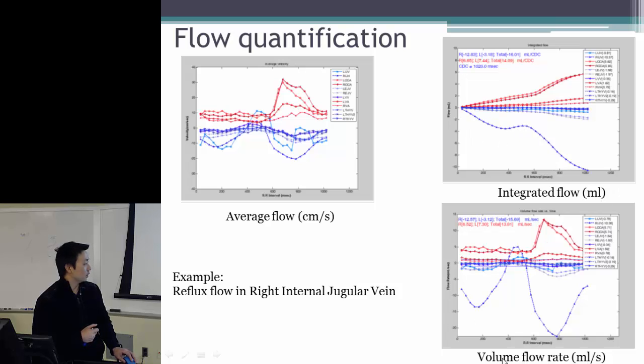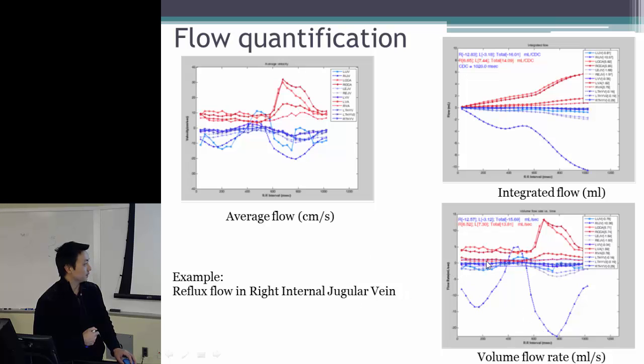And this is the volume flow rate. That means at any given time, how fast the blood flow is going through the cross-section profile of the vessels.